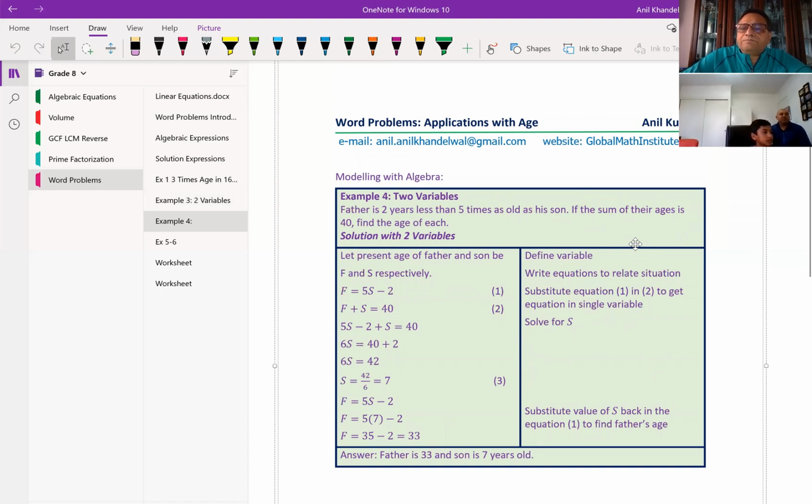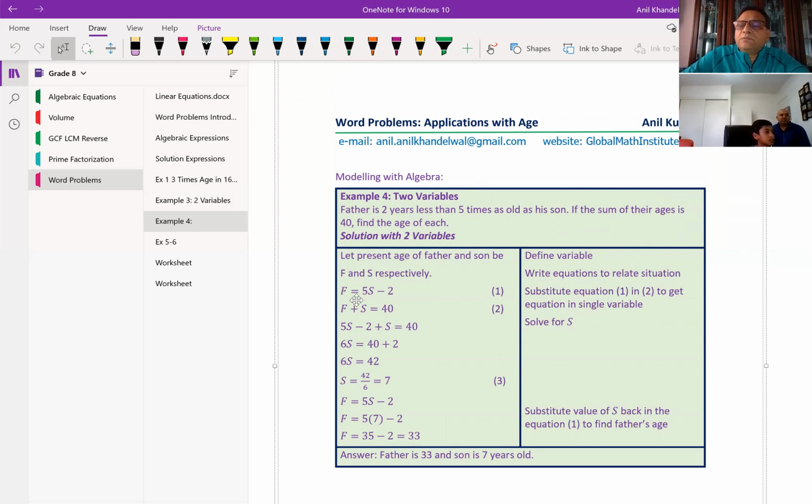So now, since the time will be running out, I want you to understand what we're trying to do here. Example 4 involves two variables at this stage. We're saying the father is 2 years less than 5 times as old as his son.